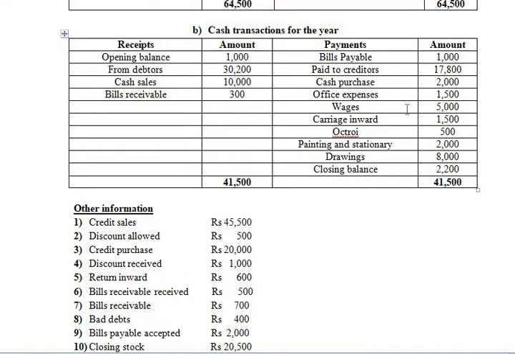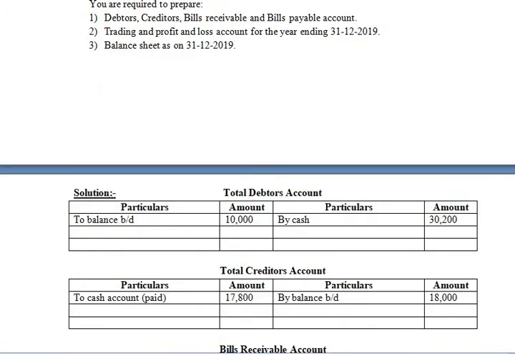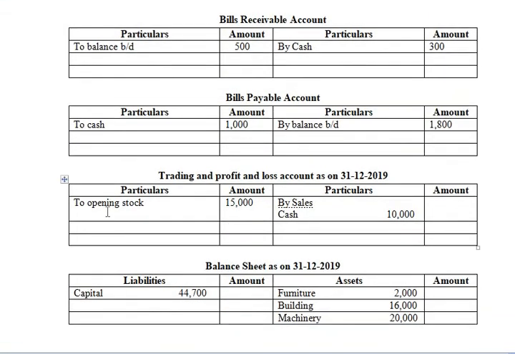Okay, next, now here cash purchase. Where will this particular entry go? Like cash sales, cash purchase goes to the trading account debit side. So let's go to the trading account debit side. We have written opening stock. Next, after this, purchases come to the debit side. So to purchases, and what is the amount? It is nothing but the cash purchase we have done.